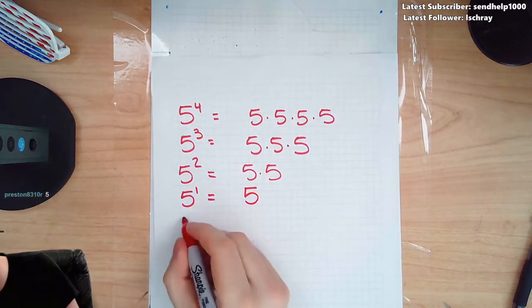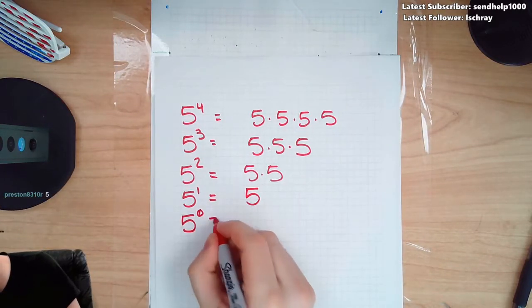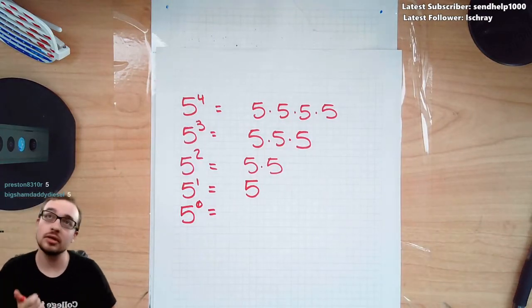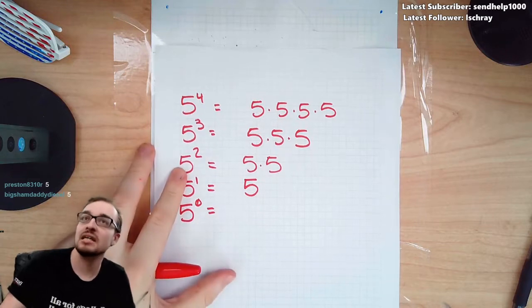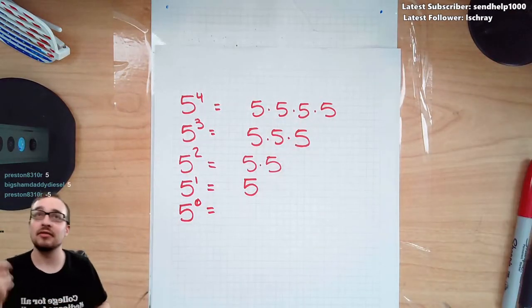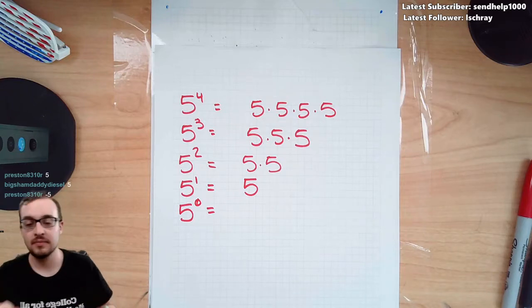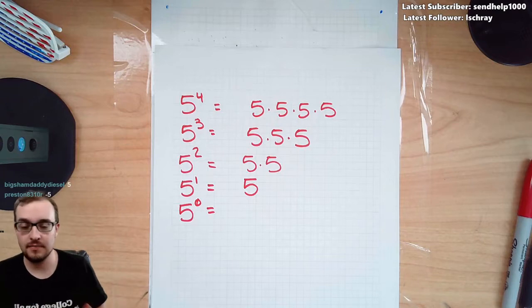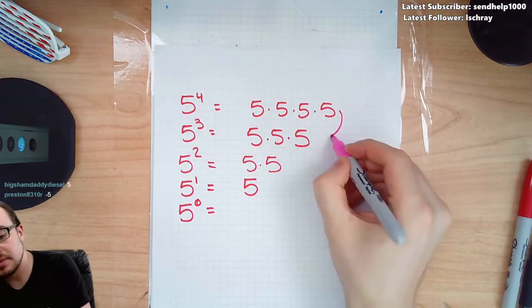All right, so what's 5 to the 0th? It's not 0. Too slow. Negative 5. Good guess. Excellent guess, but wrong. Negative 5 doesn't follow the pattern. What is the pattern?